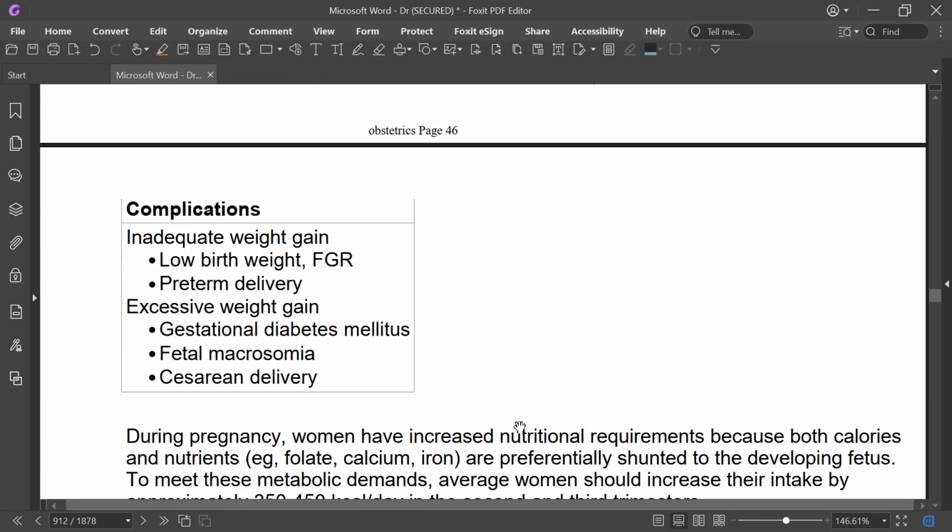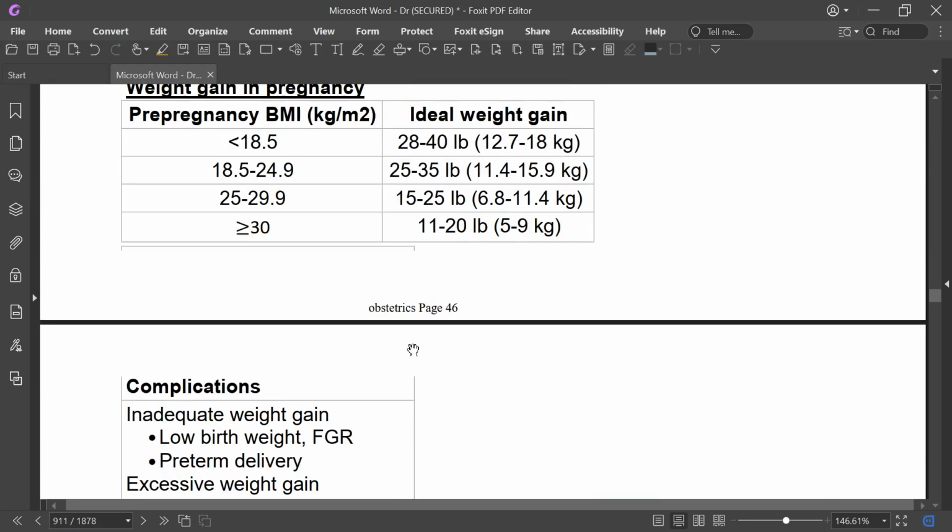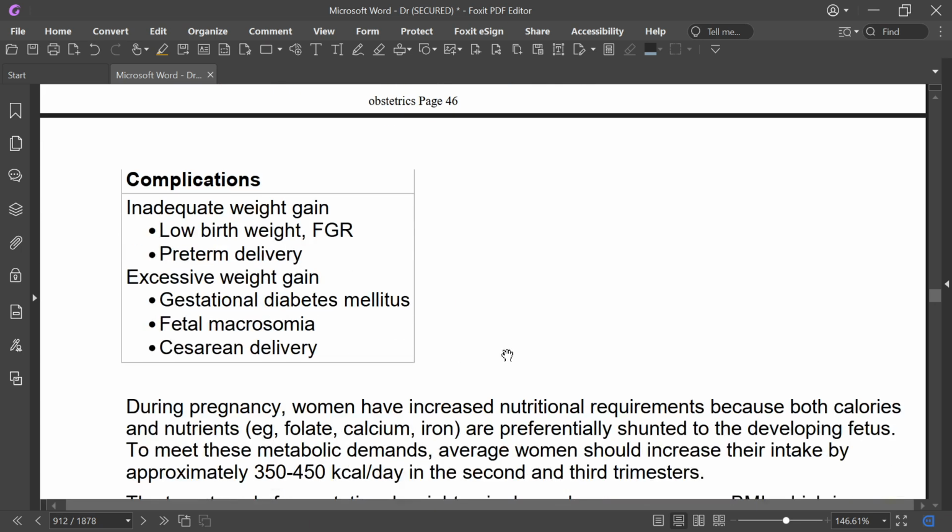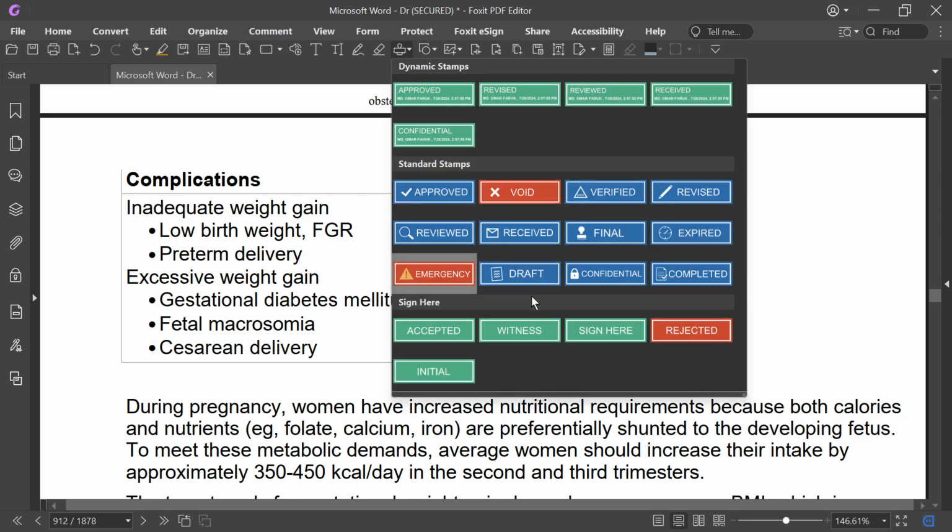What are the complications if ideal weight is not gained?